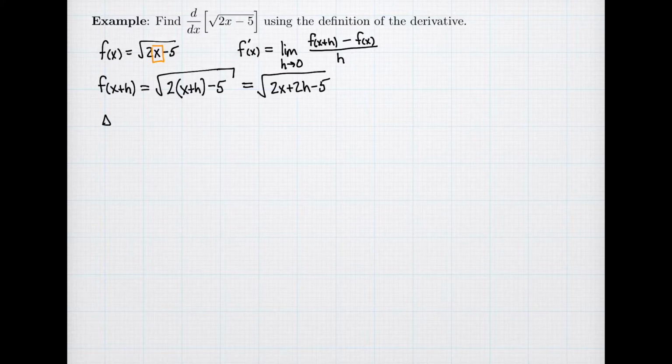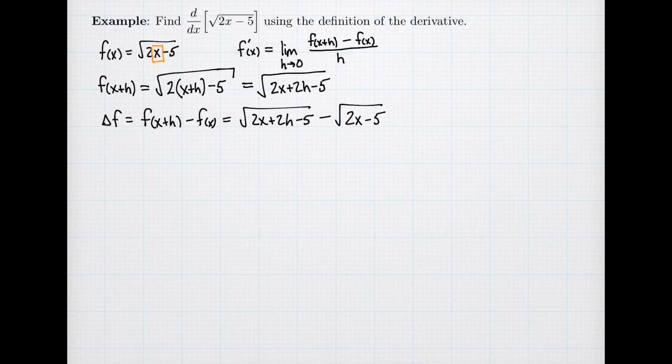The change in my function, which is measured by f of x plus h minus f of x, can now be written as the square root of the quantity 2x plus 2h minus 5 minus the square root of the quantity 2x minus 5.